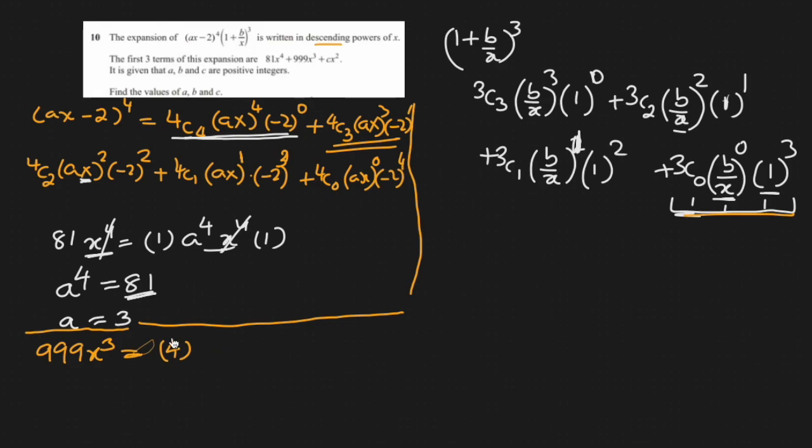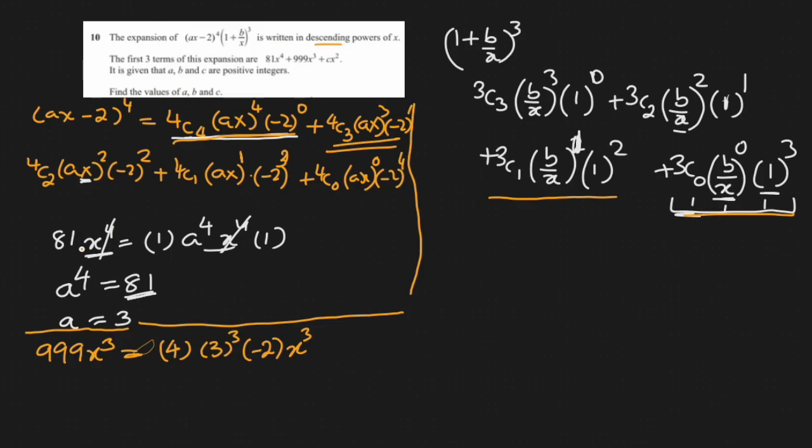We know a now, so we can write 3 cubed. Okay, and then minus 2, and x cubed. Now this x to the power 4, if multiplied with this divided by x, will also give us x cubed, isn't it? Let me do it separately first, and then I will move it here. So x to the power 4 was how much? It came out to be 81x to the power 4.